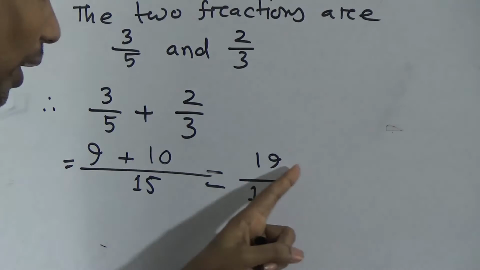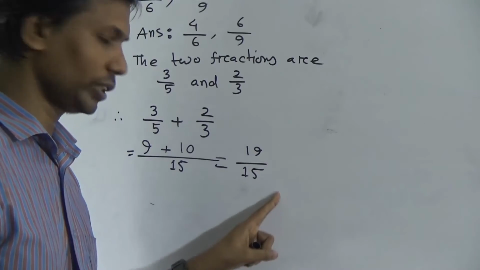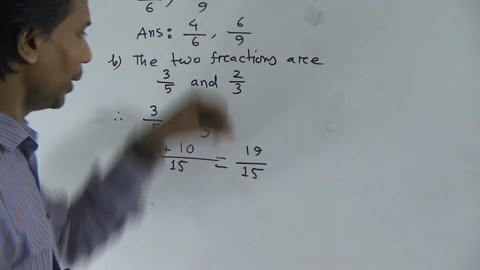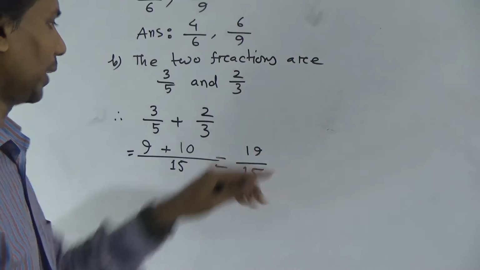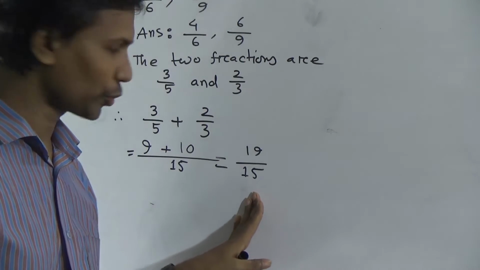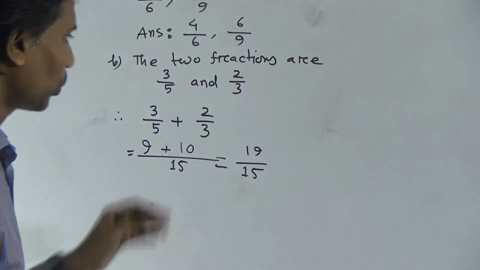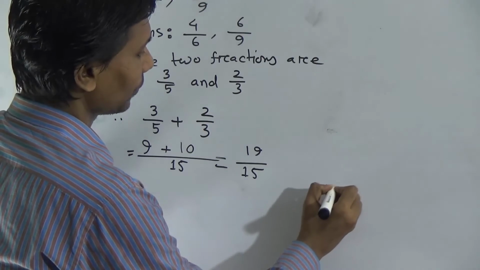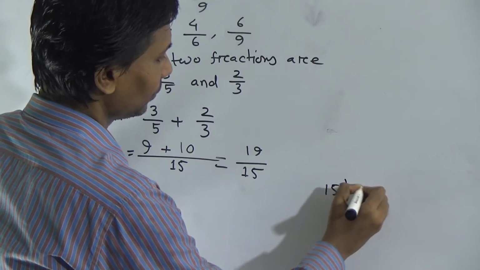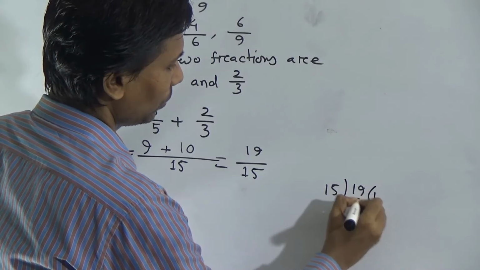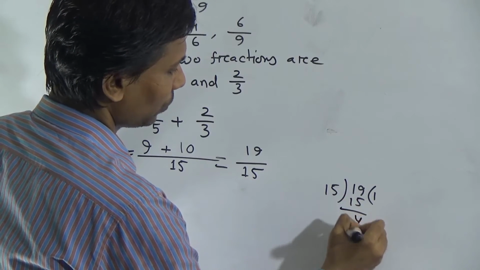You see, this is the improper fraction because the numerator is greater and the denominator is smaller. Now you have to convert this in this way. 19 divided by 15, 15 minus... 19 minus 15 equal to 4.